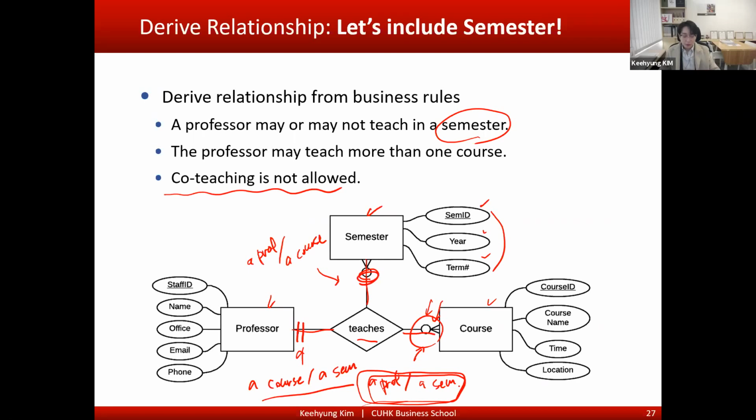And a professor teaching a course can teach across many different semesters. He may teach the same course over and over across different semesters. Then maximum many. So in the ternary relationship, basically it's the same. You are able to identify cardinality like this. When you think about cardinality here, you think from the other entities' perspective. That's how you define cardinality.